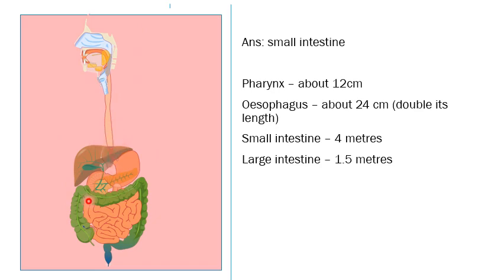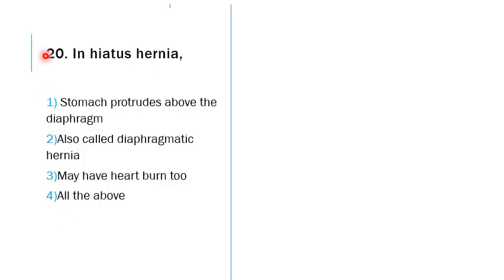Though the area occupied by the small intestine appears small, there are so many foldings inside. So this is the longest in length, occupying about 4 meters, and then the large intestine will occupy only less.